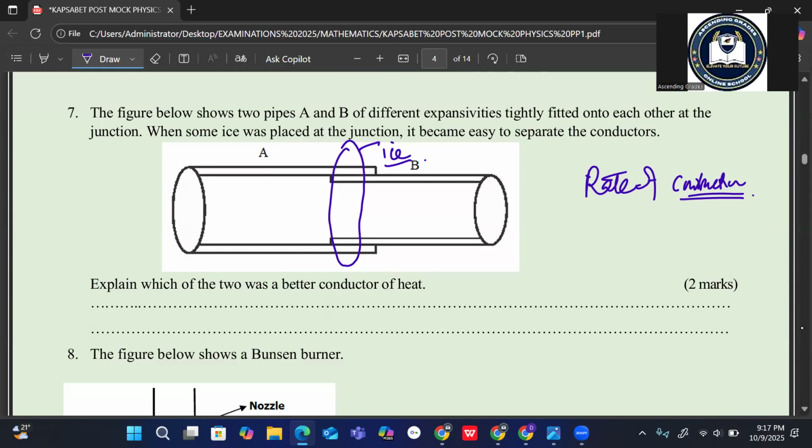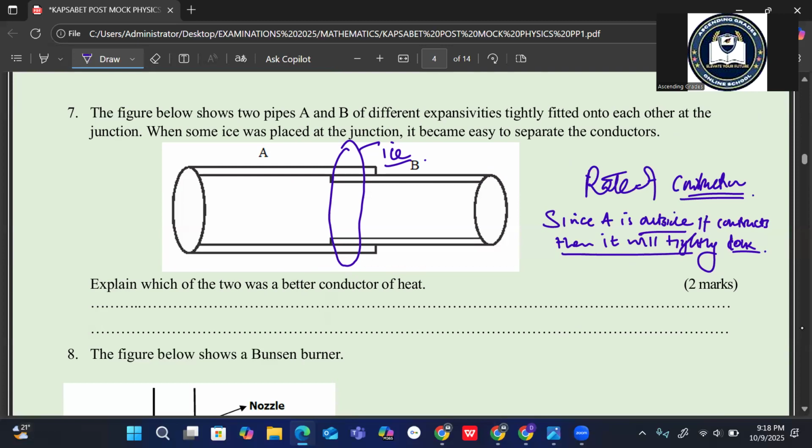So if it became easier for the two to separate, then it means that since air is outside the outer one, if it contracts, then it will tightly lock.